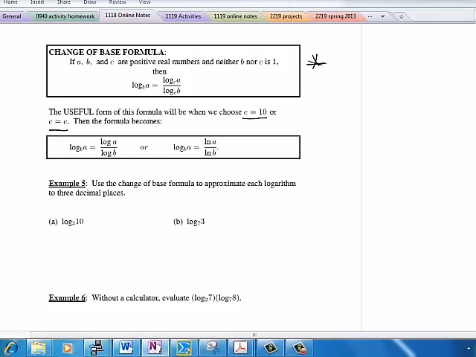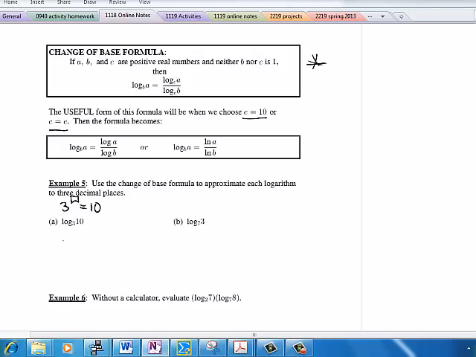So here's how we're going to use this. If I want to know what log base 3 of 10 is, I'm wanting to know what exponent do I put on 3 to get 10. And I don't know what that is without a calculator, because I know 3 squared is 9 and 3 to the third would be 27. So I can say, well, I know it's between 2 and 3 somewhere, but I don't know any better than that, really.